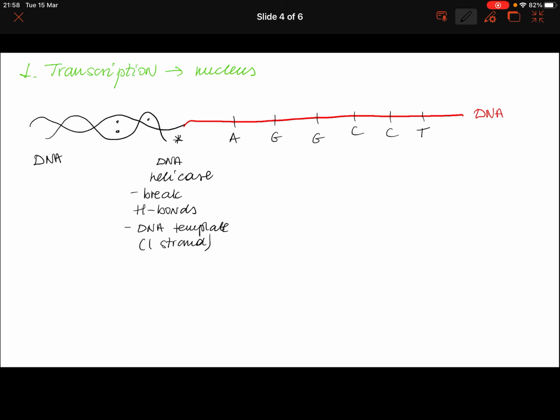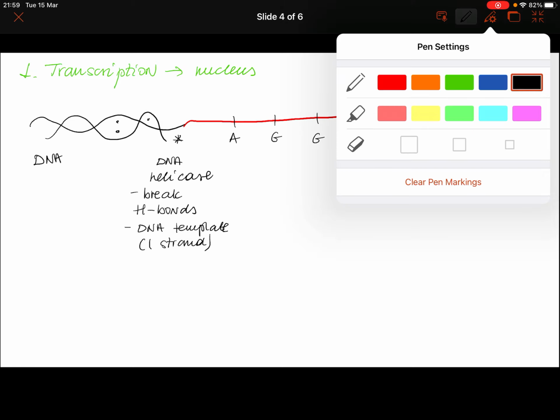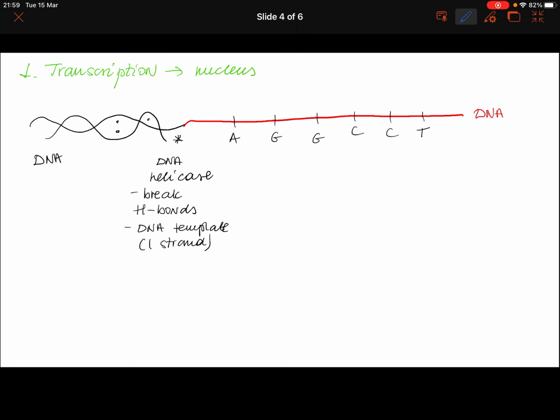Remember, only one strand of DNA acts as a template. Having this template exposed, the nucleotides, but this time the RNA nucleotides, are going to align themselves in a complementary manner to the template provided by DNA. So RNA nucleotides now are attracted to exposed bases.